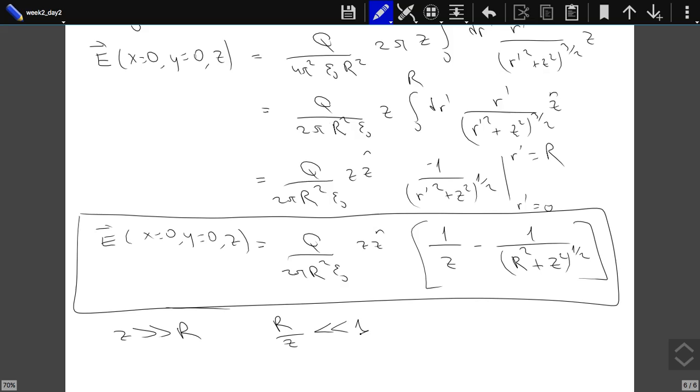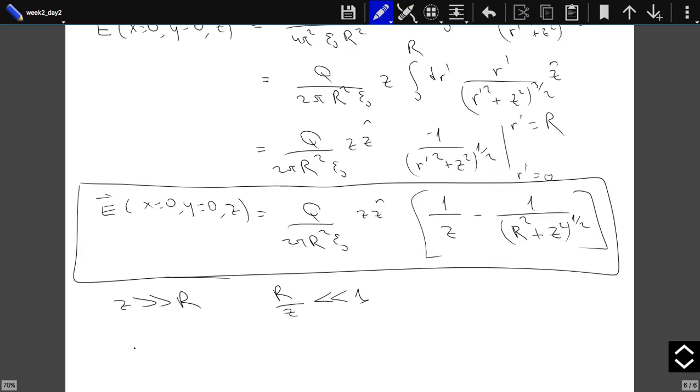Well, if it is a point, then we already know the electric field of a point. So if this is correct, then the electric field should be equal to 1 over 4 pi epsilon 0 q over z squared, if r goes to 0.